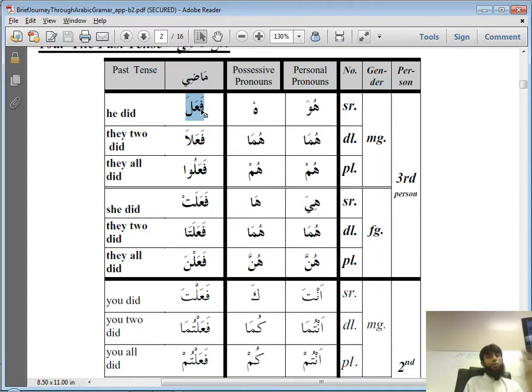So the same thing. In this whole chart, the fa is representing the first root letter, which in the example of khalaqa is kha. And ain is representing the second root letter, which in the example of khalaqa is lam. And lam is representing the third root letter, which in the example of khalaqa is qaf.